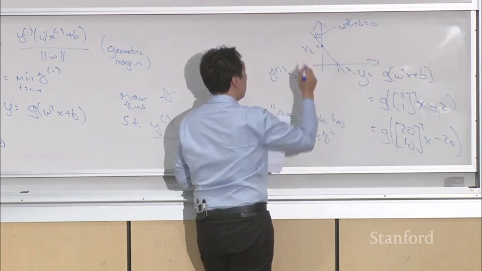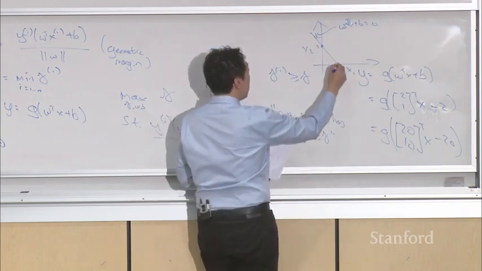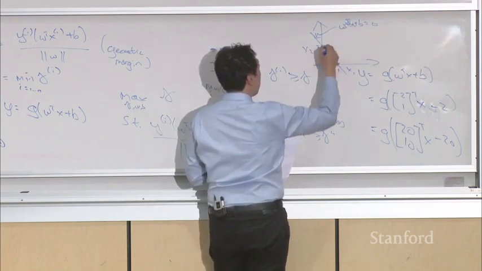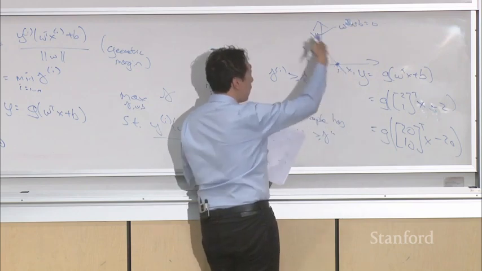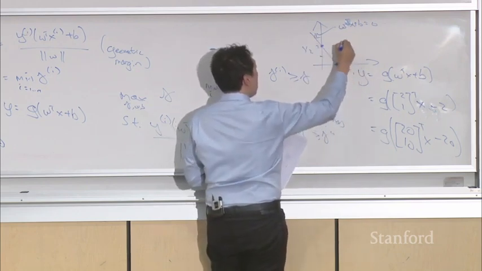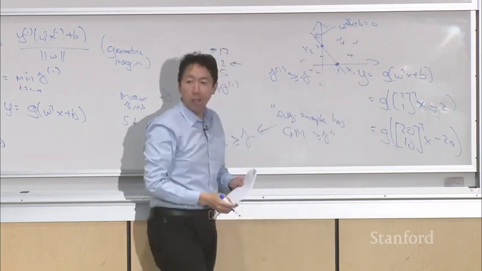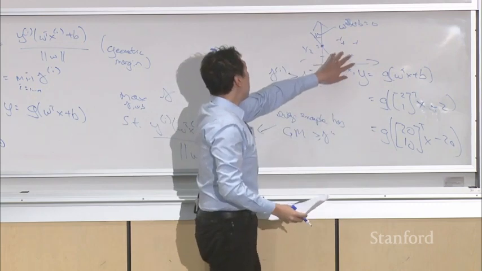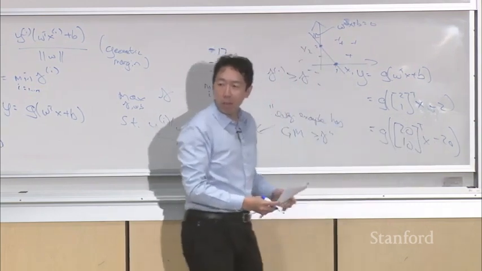That's 1 and 2. You could verify for yourself. You plug in this point, then w transpose x plus b equals 0. You plug in this point, w transpose x plus b equals 0. And so that's the decision boundary where the SVM will predict positive everywhere here, and it'll predict negative everywhere to the lower left. And this straight line stays the same even if you multiply these parameters by any constant. Okay.